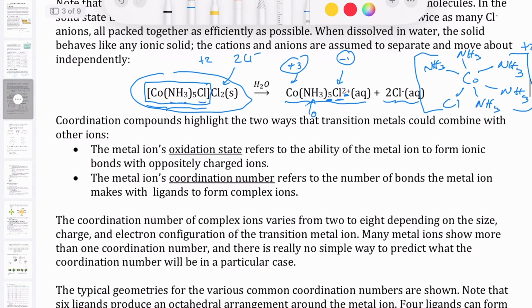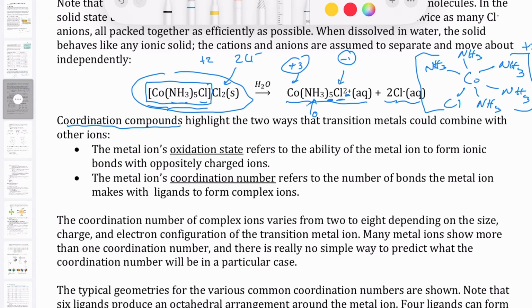So coordination compounds are a good example that tells you how transition metal ions can combine with other species, right? The oxidation state of the metal ion, which is that +2 or +3, tells you how it's able to combine with other ions to form a neutral species, okay? And then the coordination number is the number that reflects how many bonds there are between the metal ion and the ligands.